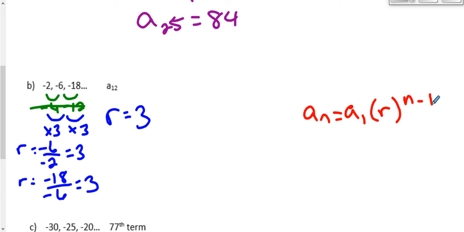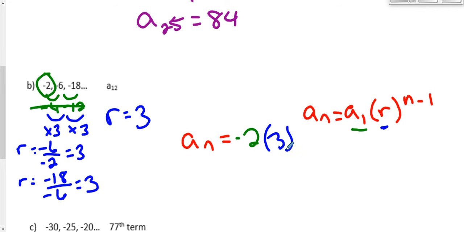So in this formula, I now know r, which is this number right here. I just need to fill in a sub 1, which is pretty easy because it's the number that was first in the sequence. So let's write out our formula. A sub n equals the first term, which is negative 2, times r, which is the number 3, to the n minus 1 power. And now I can find any term that I want to.